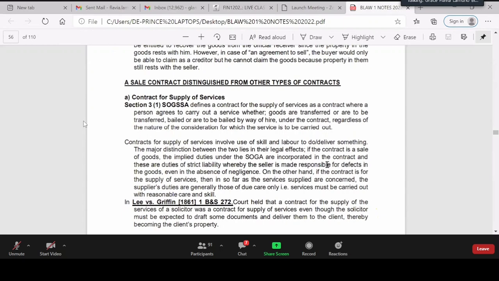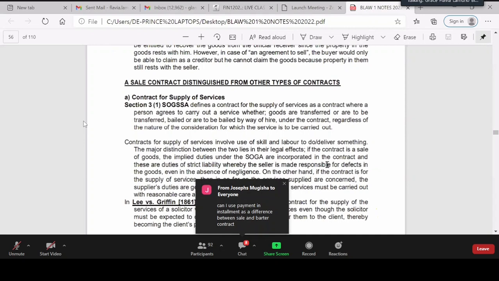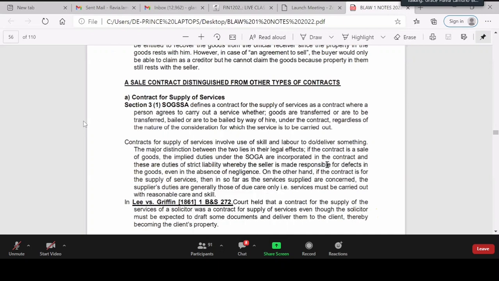Yes, you can pay 8 million in cash, and the difference of 2, you're going to pay using 2 cows. That is okay. So you can use both cash and a good to pay, whether it's a contract for sale or one of barter. I hope that clarifies.